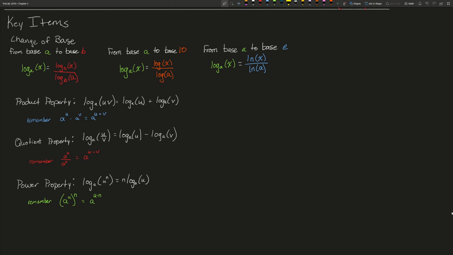And then the last is the power property. So if we have log base A of u to the n, we can rewrite that as n times log base A of u. So we can get rid of exponents inside the parentheses of a log. And as of right now, those are the things we need to know about logarithms, their properties and changing bases.